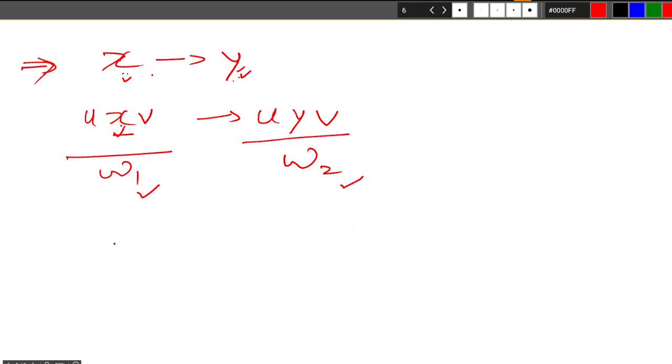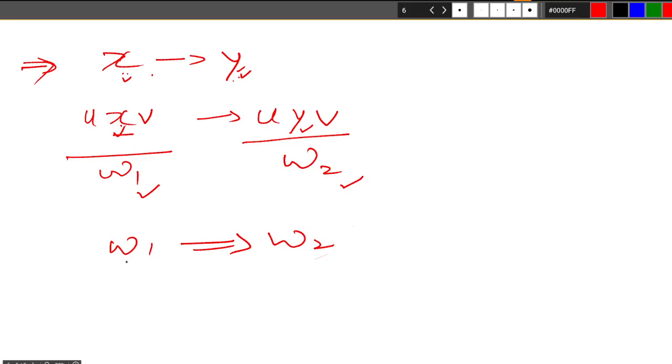Now in this way you have derived; in place of y some new things can be kept, in place of those new things some new things can be kept, and in the last you will have only terminals, there will be no variables.